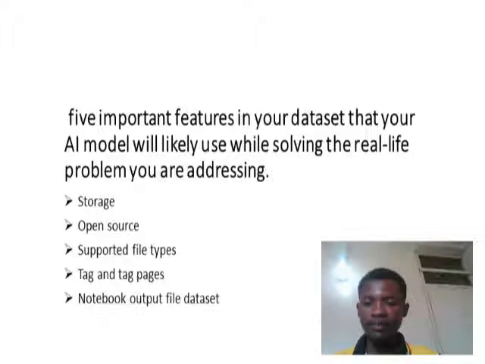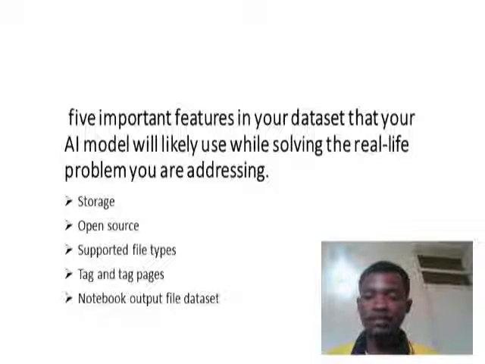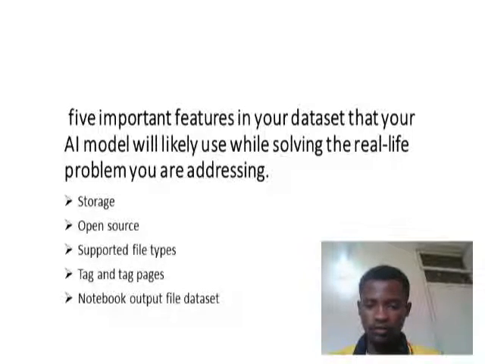So here we are going to talk about the five important features of the datasets we are going to use in solving this real problem. Further, we are going to use storage. In this case, we have to make sure that our dataset can hold our data.